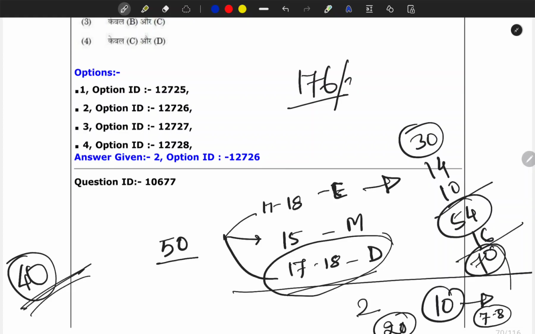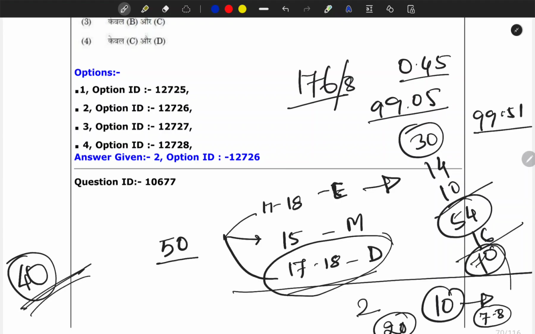Okay, I am not sure about that. And I missed the cutoff by 0.45 percentile. I got 99.05 percentile, and the cutoff was 99.51 percentile for JRF, for the general category. So here you can see that it was very difficult to get JRF.